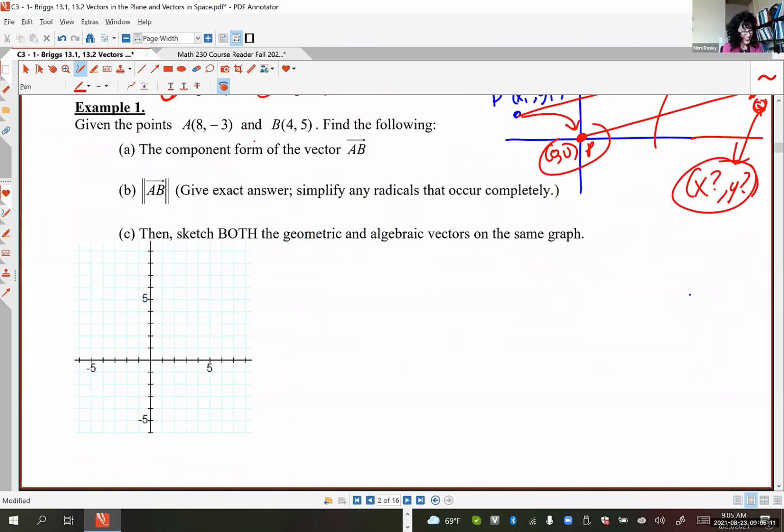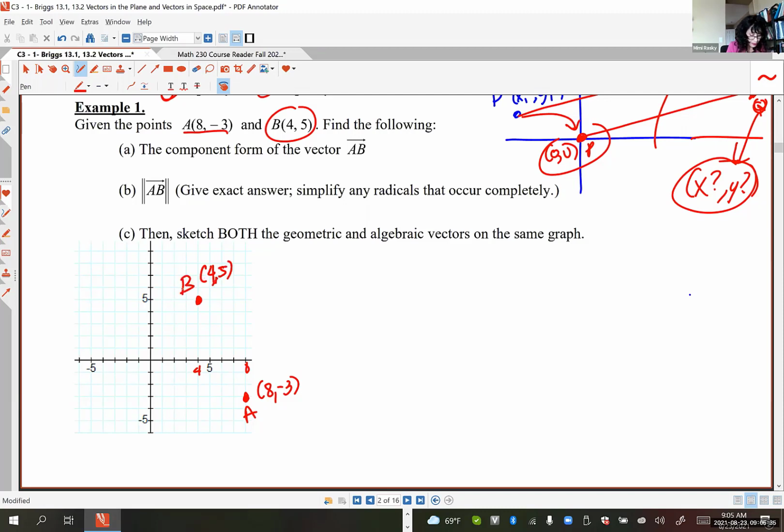Check it out. So A, let's graph it. (8, -3). It's right about there. Here's the point (8, -3) on this graph, and we'll call him A. And then B is the point (4, 5). Right there.